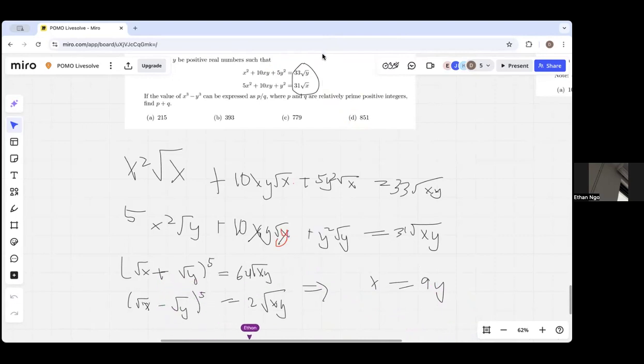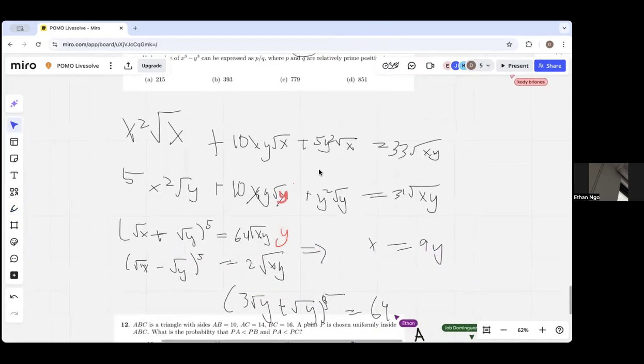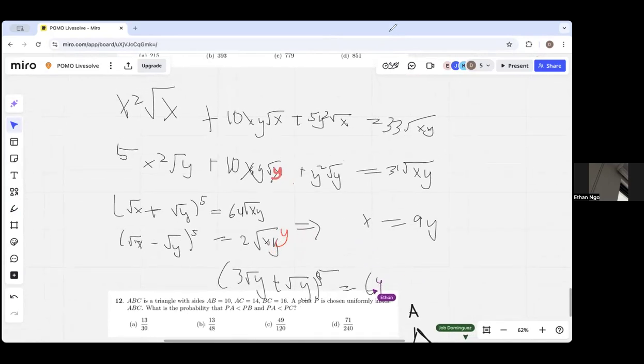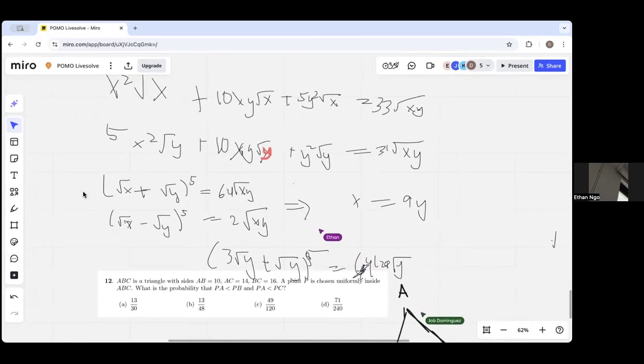And then if you basically insert this, 3 root y plus y raised to 5 equals 64. No, this is actually 128y pala. Yeah, this is 128 root y pala. So sorry for the mistake.